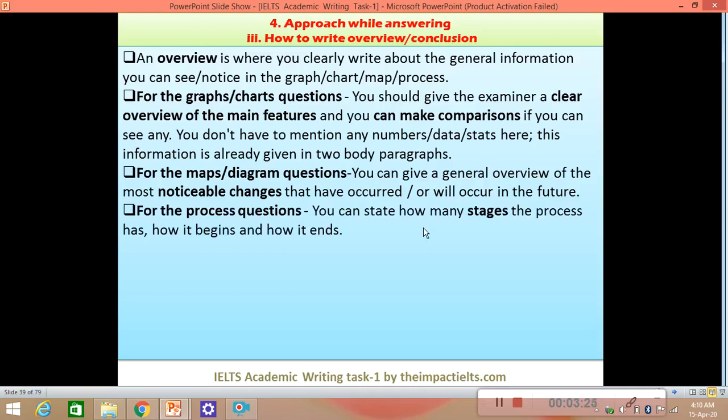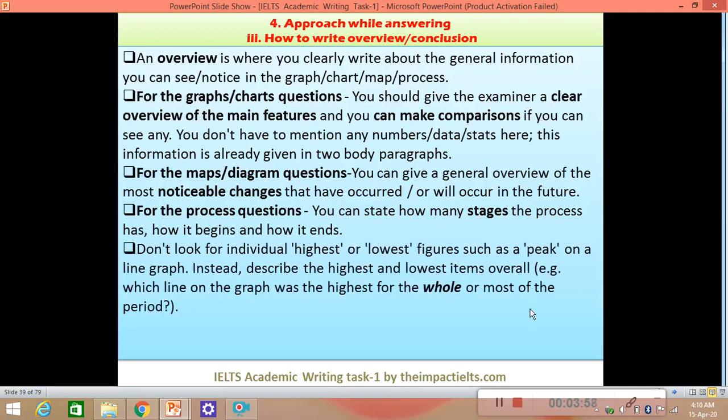For the process question, you can state how many stages the process has, how it begins and how it ends. But that's not the only way. Let me repeatedly tell you, it all depends on the picture. So you have to really look at the picture to see what kind of summary can be written for this particular picture, right?